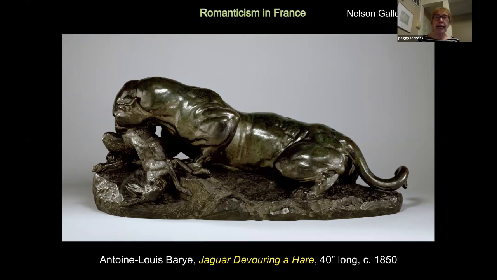It was a huge market for small bronzes like this. And because they are bronze, there's another whole story about the history of bronzes like this. Typically the artist would make it out of clay, and then it would be cast multiple times, or sometimes cast after they're even dead.